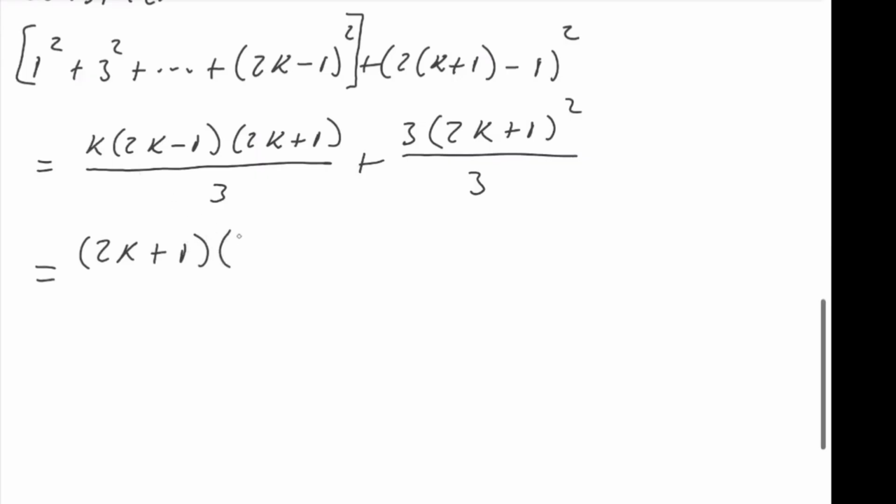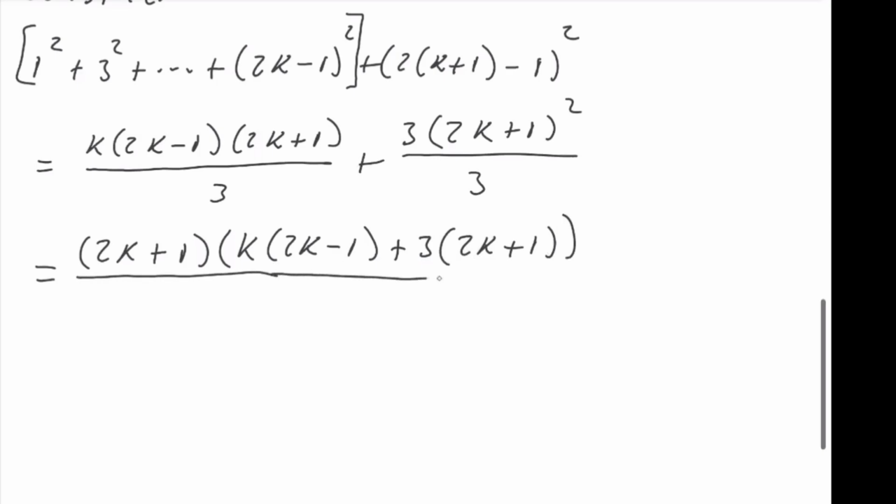And I'm going to be left with k times 2k minus 1 plus 3 times 2k plus 1, all over 3. Because I just factored out the 2k plus 1 factor from both of these, right? So that'd leave me with k times 2k minus 1 plus 3 times 2k plus 1.